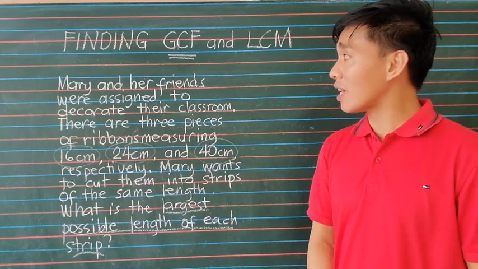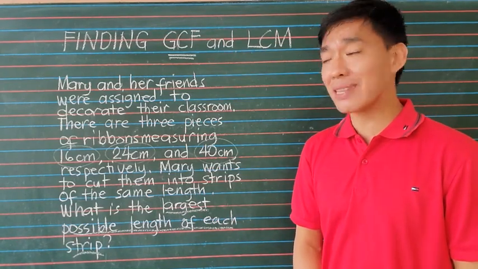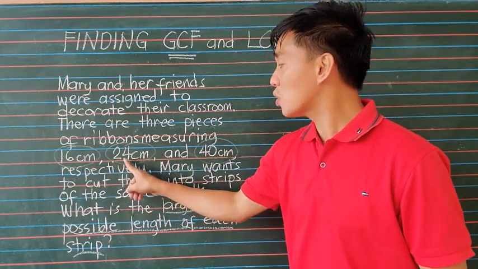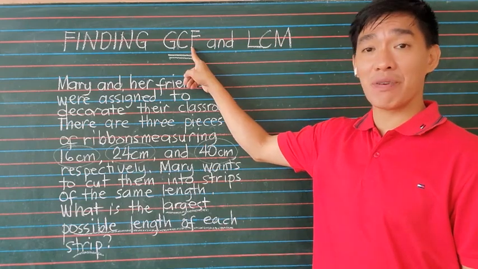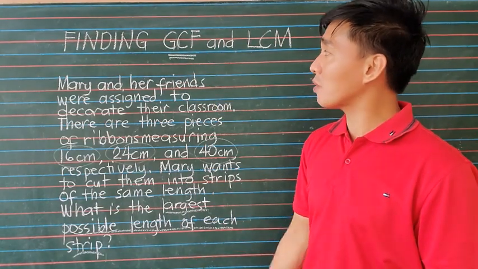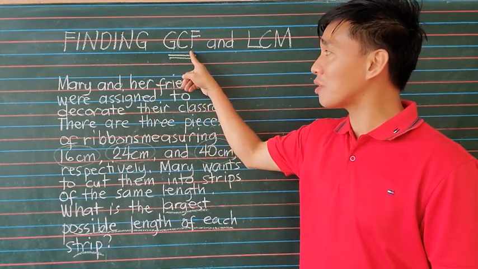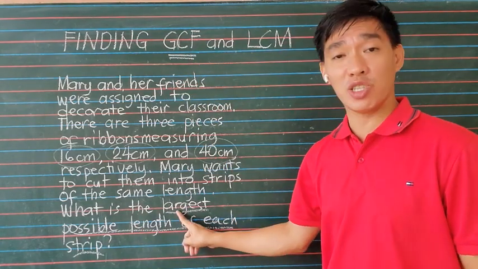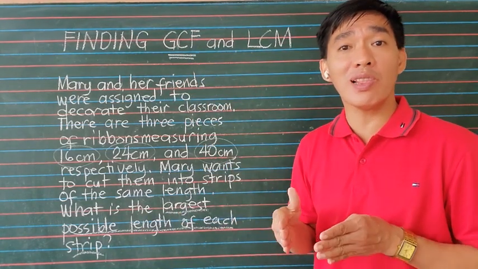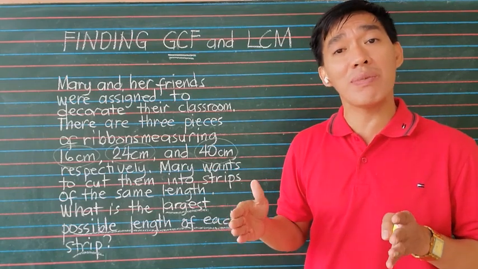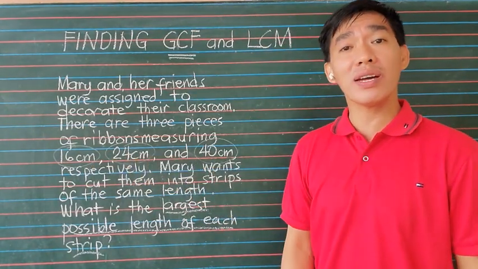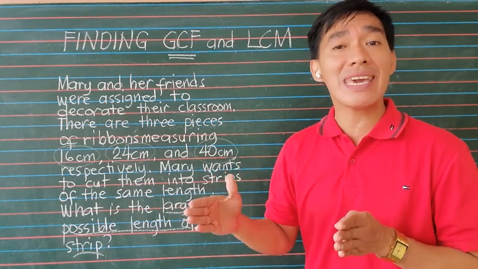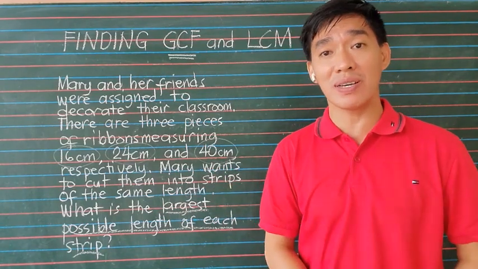By doing that, we will have to get the factors of 16, 24, and 40. Therefore, if we are getting the factor, we are looking for the greatest common factor because of the word largest. We are looking for the longest length of ribbon that we could cut from each measure in order that we will have an even size of all the ribbons.